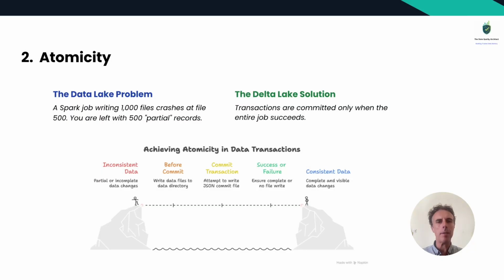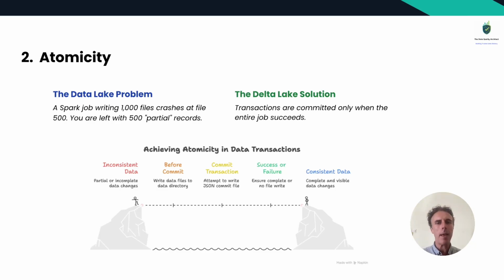So let's first look at the A in ACID, atomicity, or the all or nothing rule. Imagine you have a financial transfer where you've debited the sender, but the receiver's update crashed. Without atomicity, money vanishes. In the Delta Lake, we use a transaction log.